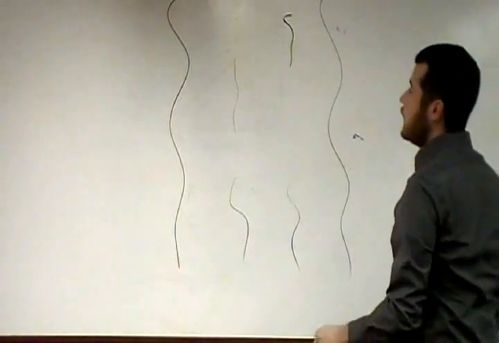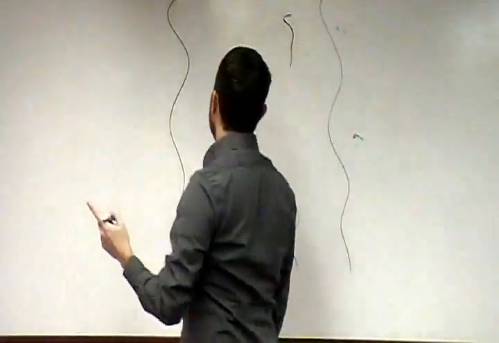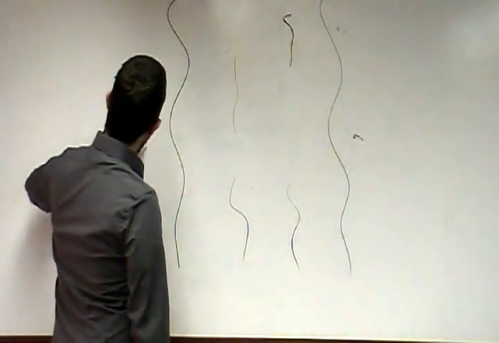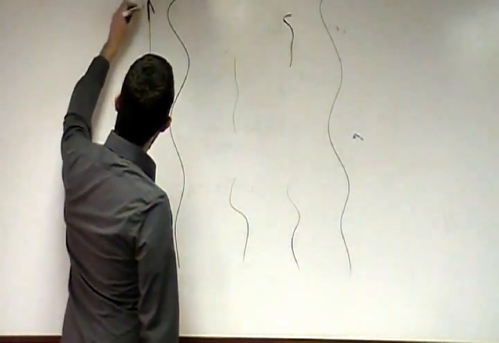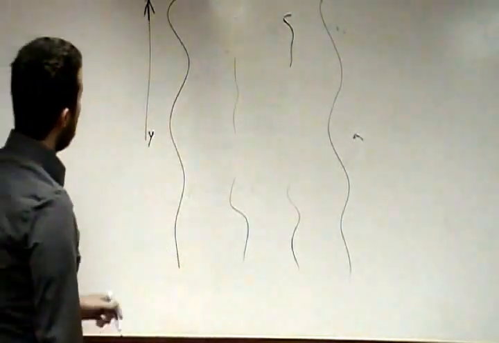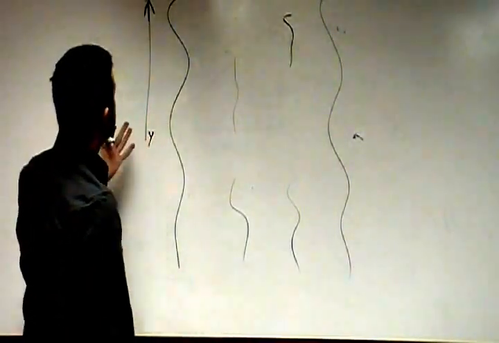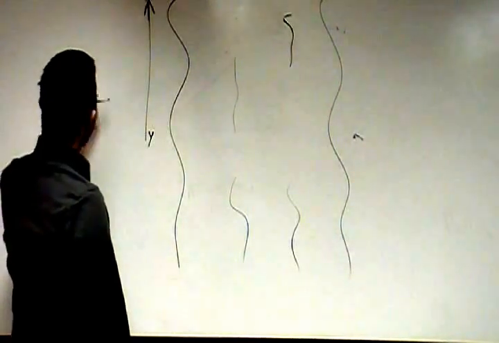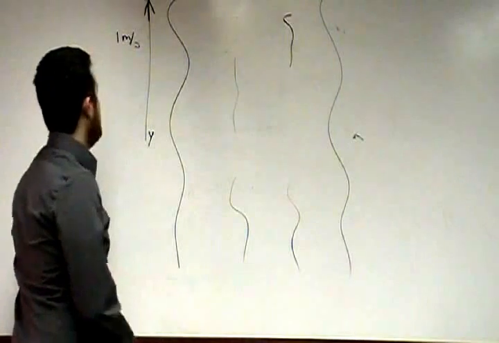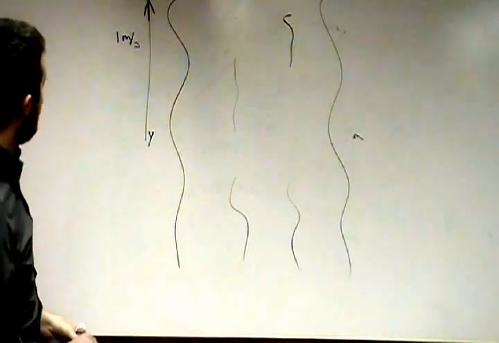So we've got our river, and our river is flowing up. Okay? So the positive y direction is up. And the river is flowing at, let's say 1 meter per second. It's an arbitrary number, but it'll work just fine.